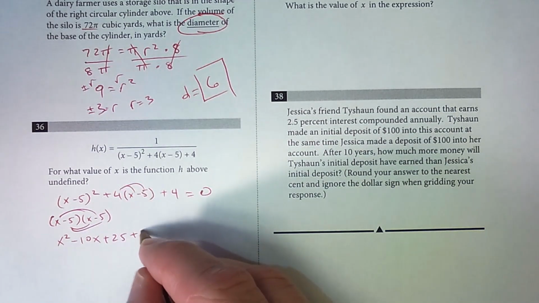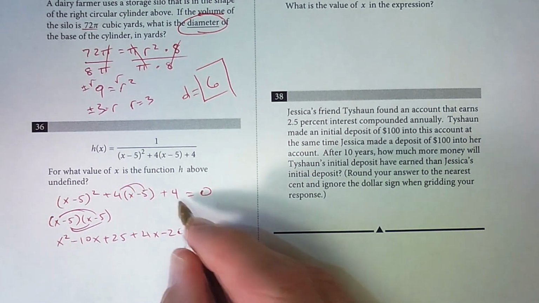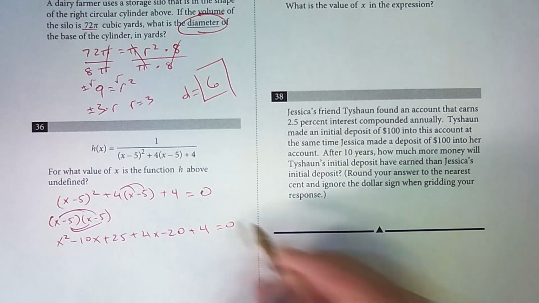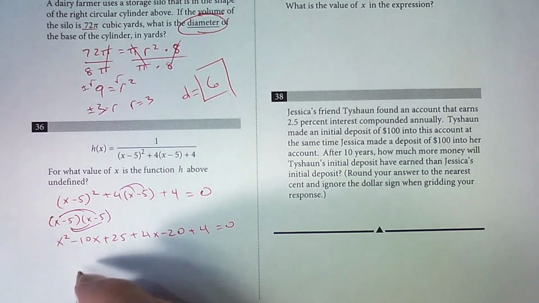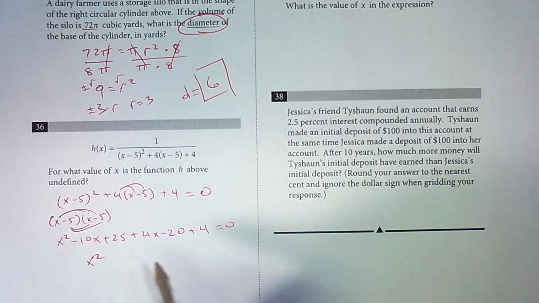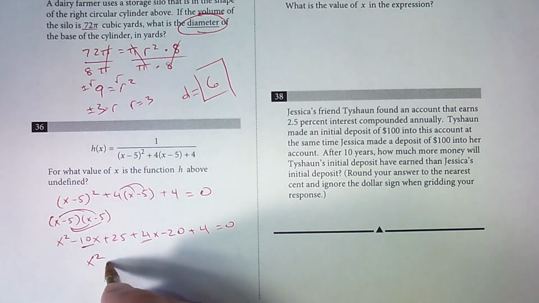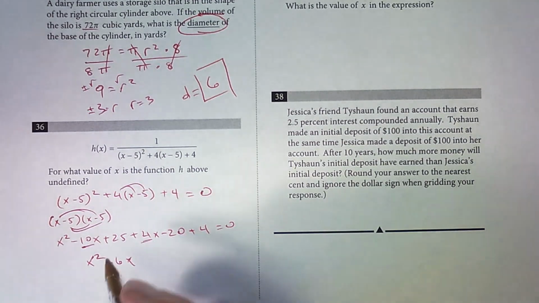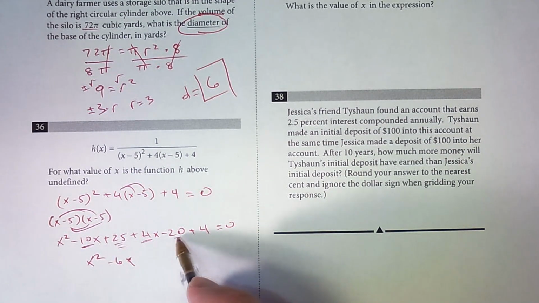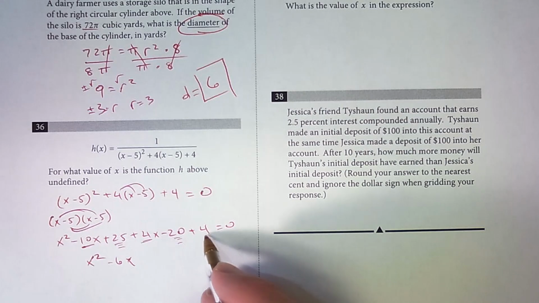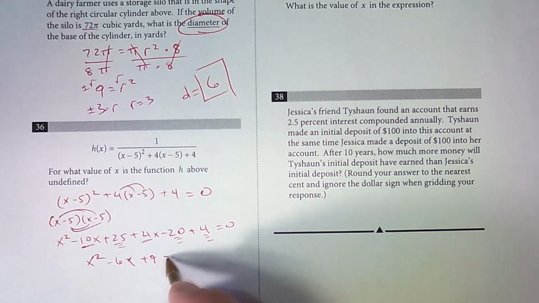Then I'll distribute this 4: plus 4x minus 20 plus 4 equals 0. Combine like terms, x squared. Then I have negative 10x plus 4x is negative 6x. Then I have 25 minus 20, so that's 5, plus 4 is 9.